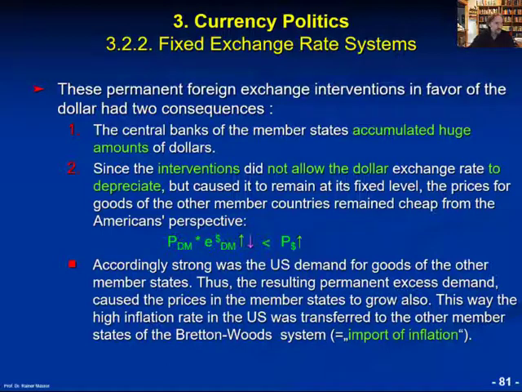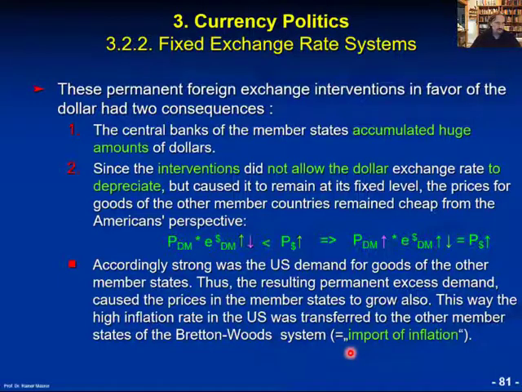Accordingly strong was the US demand for goods of other member states. Thus, the resulting permanent excess demand caused the prices of the member states to grow finally also. This way, the high inflation rates in the United States were transferred to the other member states of the Bretton Woods system.